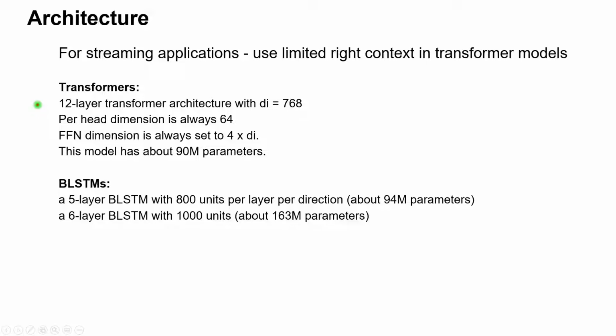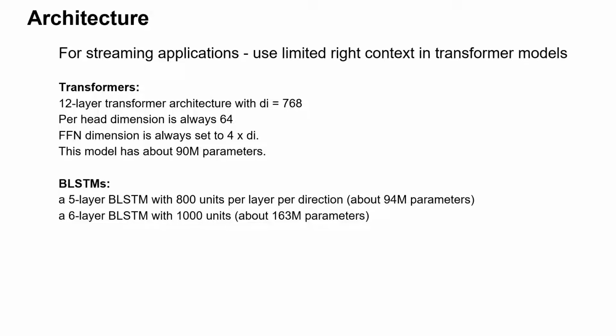One was the transformer, which is standard: 12 layers, dimension of 768, per head dimension of 64, and the FFN feed forward network was 4 times the dimension. And this model was about 90 million parameters. The parameters are important because when we are comparing models, we look at whether they are comparable in terms of the parameters they have.